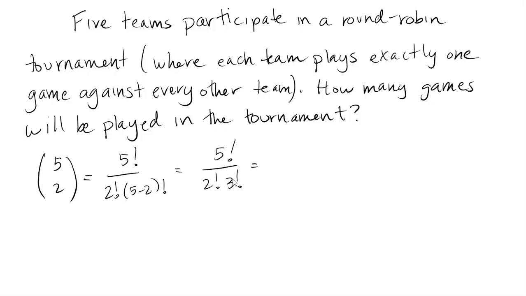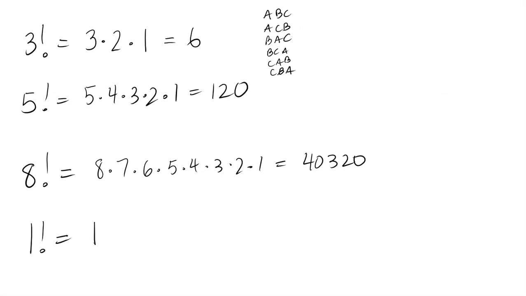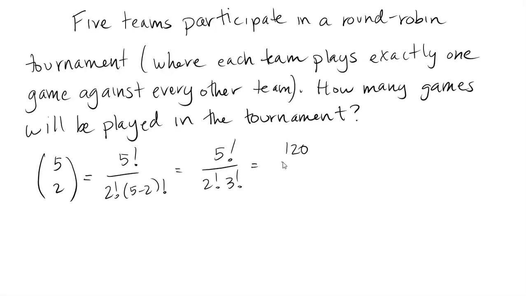Now 5 factorial and 3 factorial we already calculated. 5 factorial was 120, 3 factorial was 6. So 120 here, 6 here. See if you can calculate 2 factorial. 2 factorial would just be 2 times 1, that's 2. So this is 120 divided by 12, which is 10. So according to this formula, there should be 10 total games in the tournament.